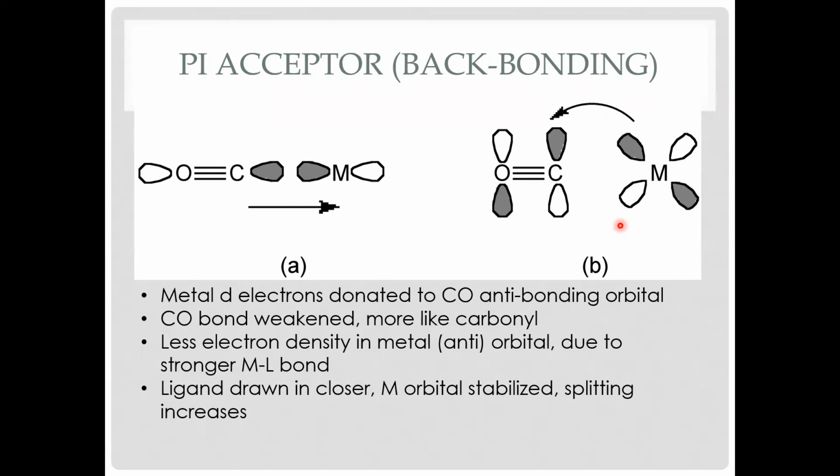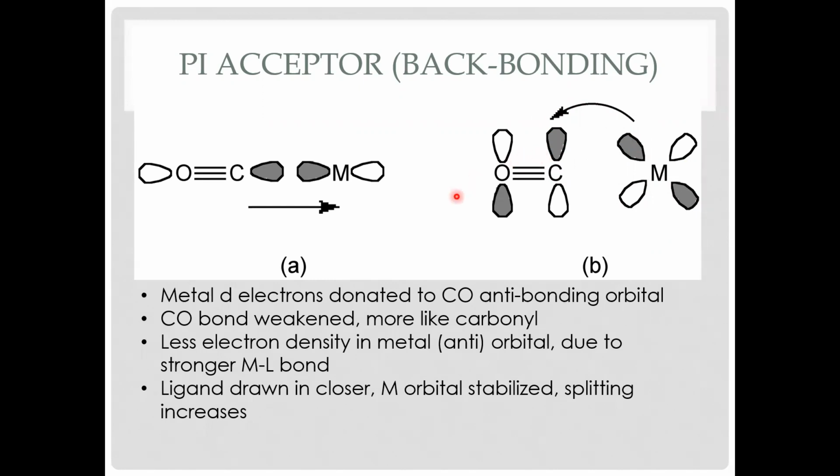And this is one of those T2G orbitals. So if I'm talking about a D3 metal, it's got an electron in here, and it can donate some of that electron density back to the carbon monoxide. So it's called back bonding or pi acceptor because normally we talk about the ligand donating to the metal, and now it's going backwards from the metal to the ligand. So the ligand is accepting a little bit of electron density.